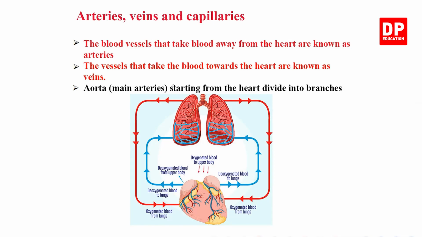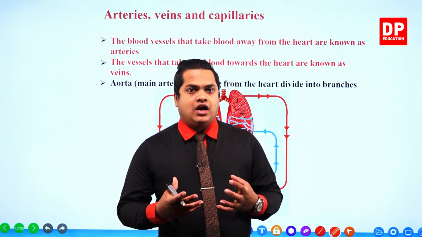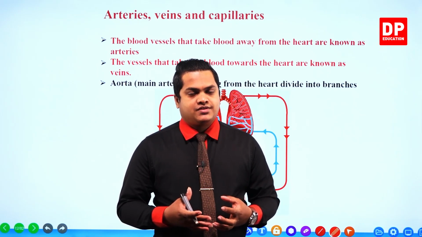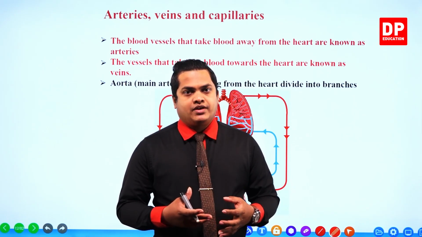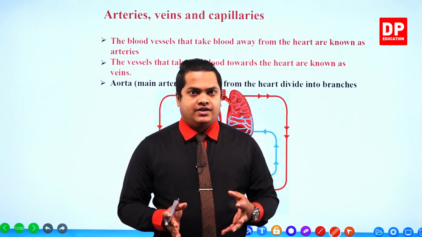So let's once again head on to the classroom and we'll study about the further things related to the lesson. Now in the earlier chapter we discussed all the parts related to the heart and we identified the structures and what are the main tubes and valves contained in it.